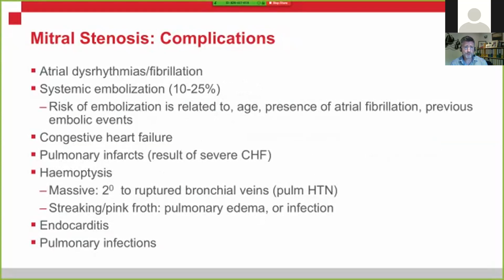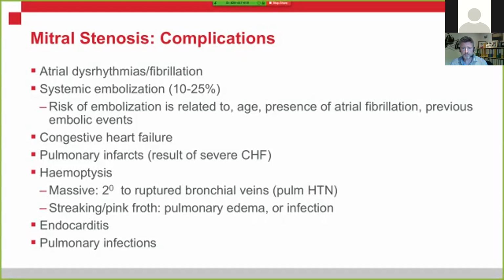Complications of mitral stenosis: atrial arrhythmias and fibrillation, and systemic embolism, with risk of embolism related to age, particularly the presence of atrial fibrillation. In this setting, the risk of stroke has increased at least 16-fold in patients with atrial fibrillation and mitral stenosis. So this may not be part of your CHADS-VASc assessment in terms of whether these patients would warrant anticoagulation.